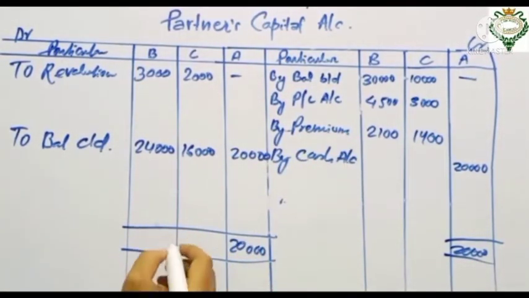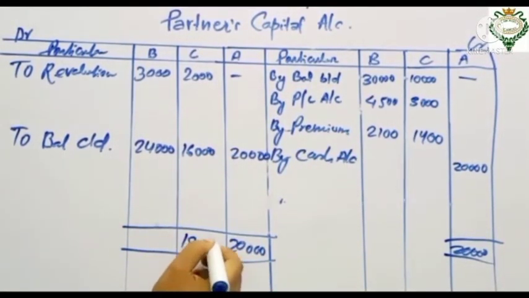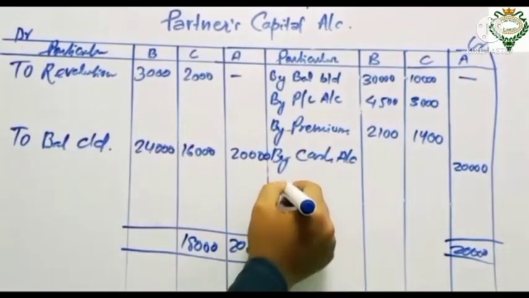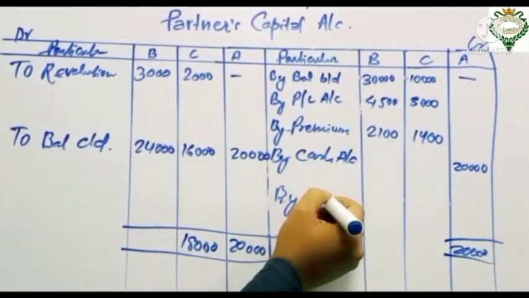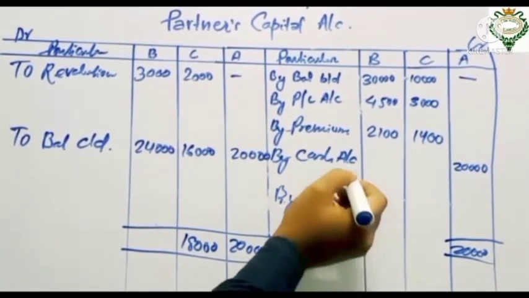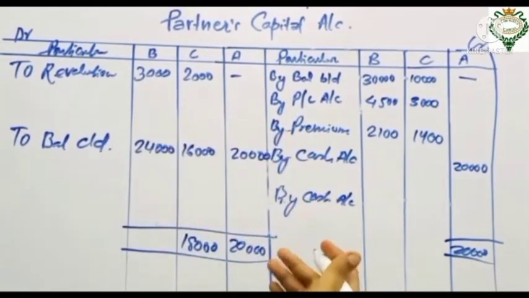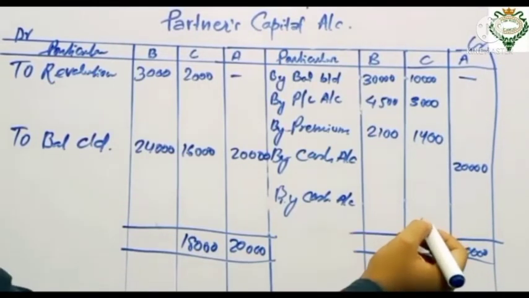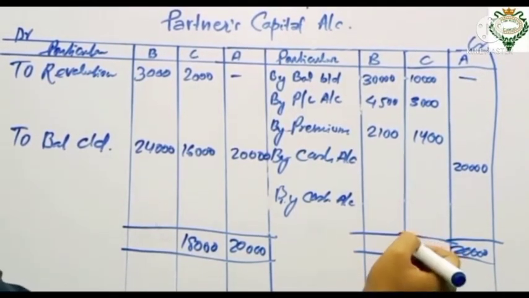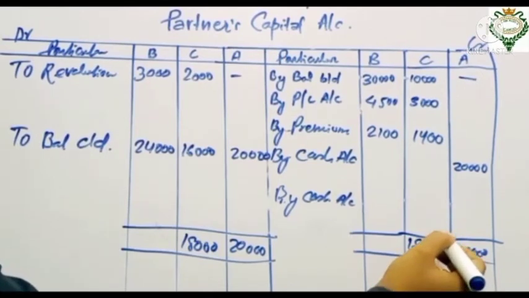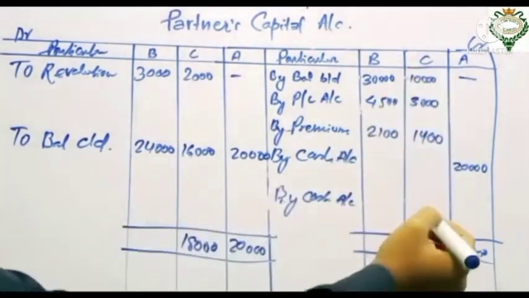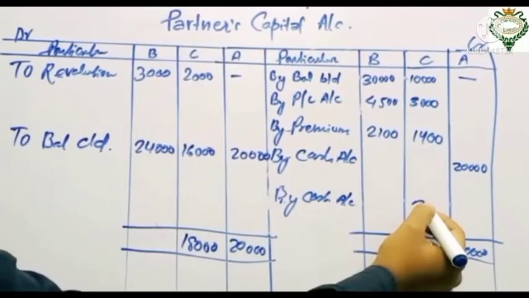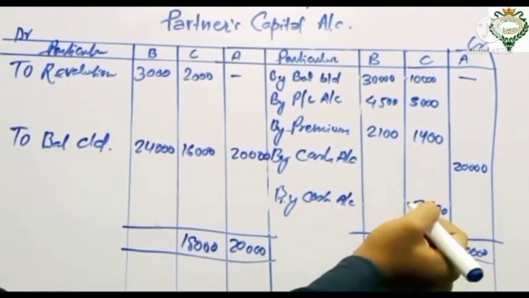Now here 18,000. If you balance here, it is by cash account, because in the question it is mentioned that the excess amount they will withdraw, B and C. So here 18,000. If you subtract this, you will get here 3,600.